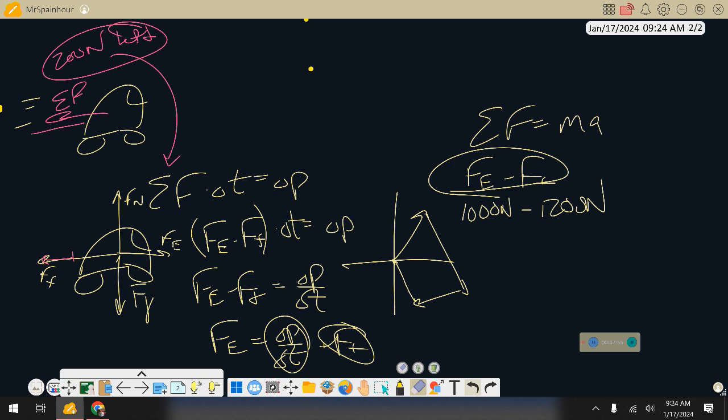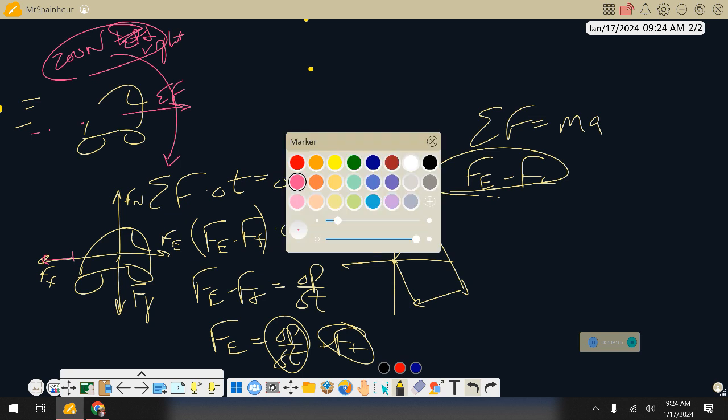Why plus force of friction? Well, let me change my numbers again to make this a little simpler. Actually, not change my numbers, just change the direction. Let's say that the extra force is that 200 to the right now, and force of friction is now 400 newtons.